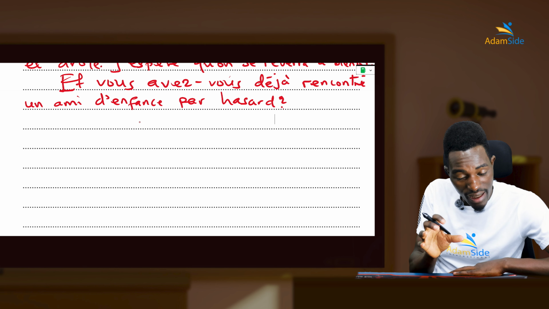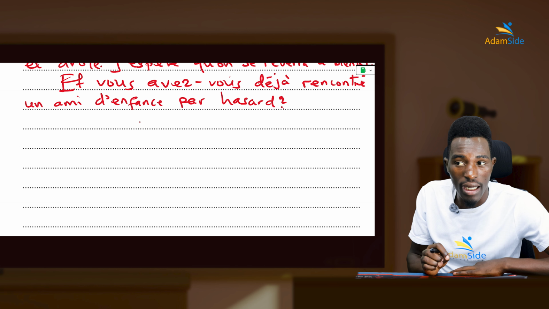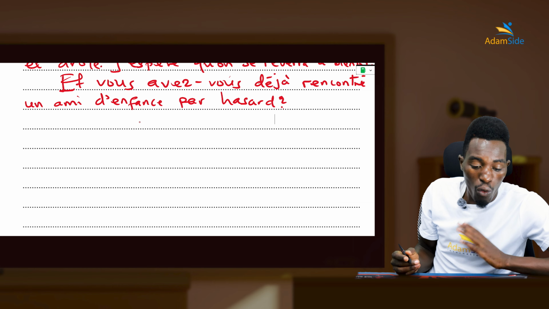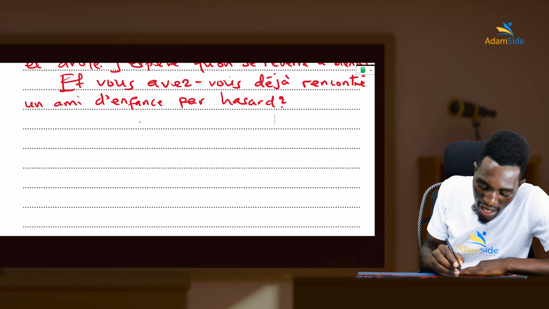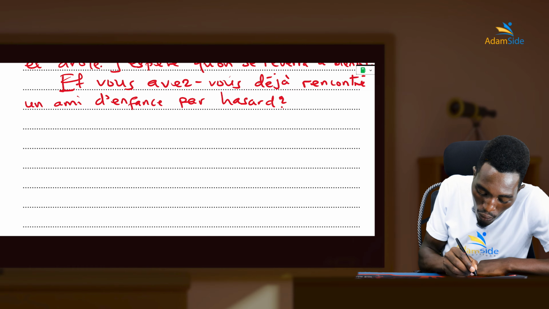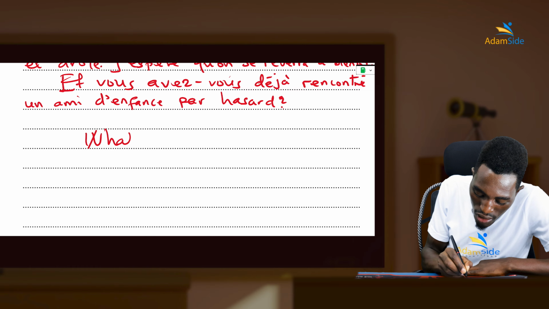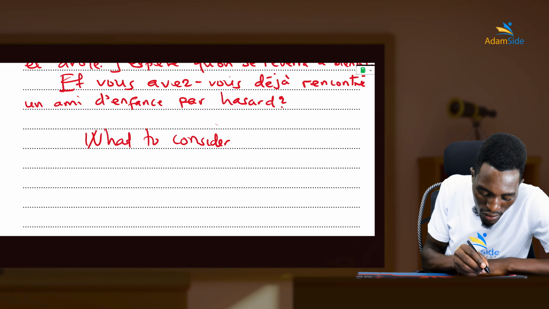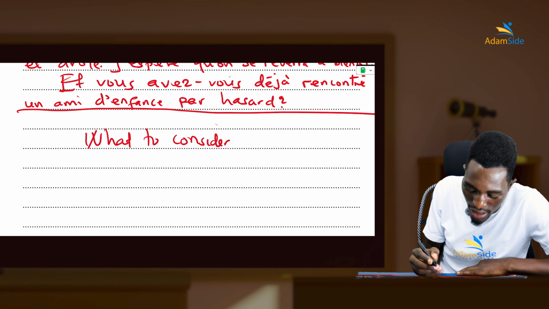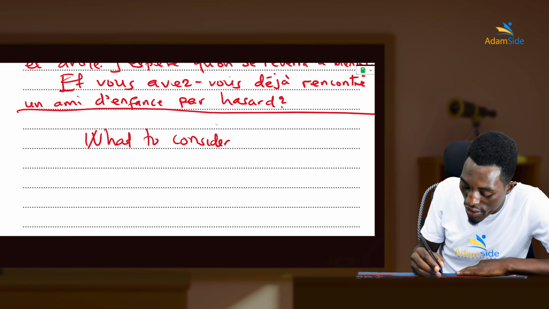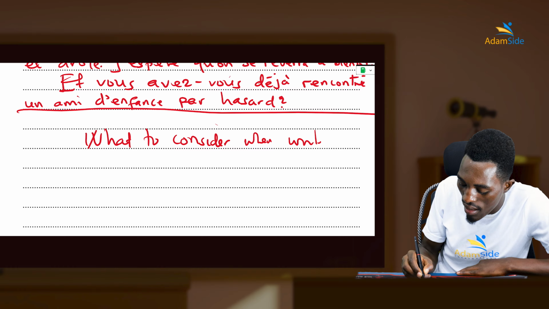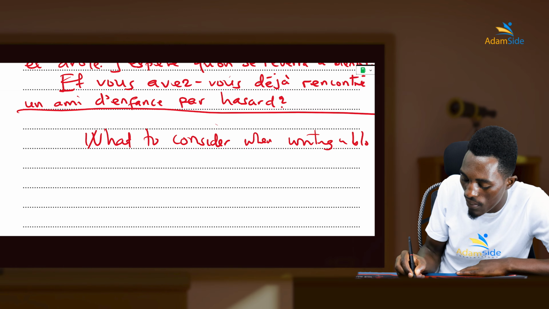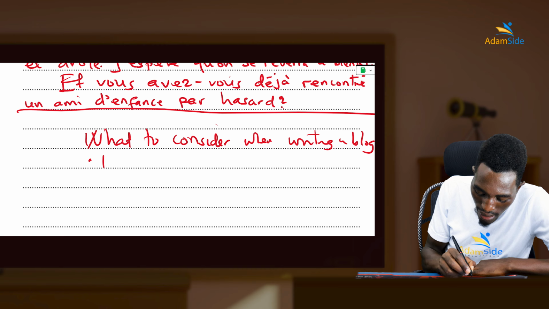Okay? So this is the blog that we have to write in an exam. So what do you have to consider? What to consider when writing a blog? One, heading.